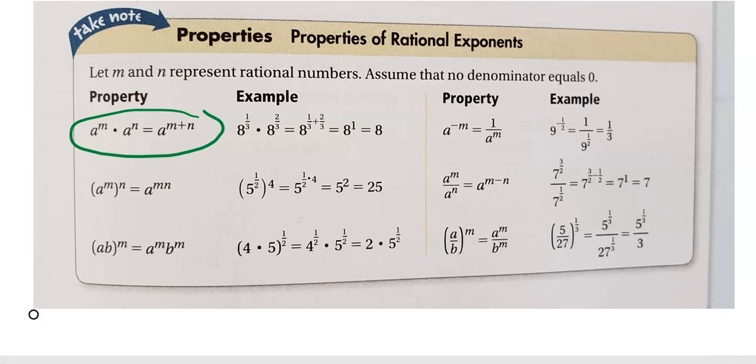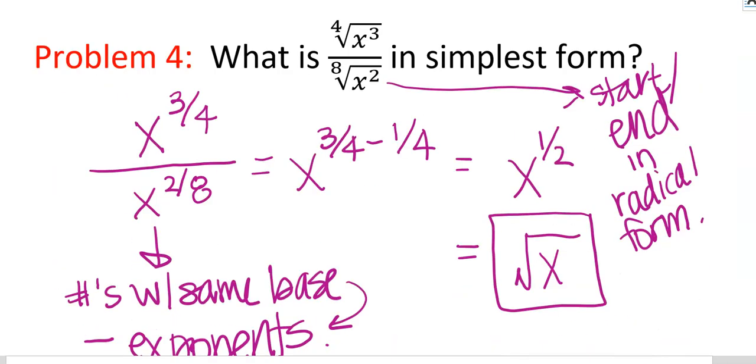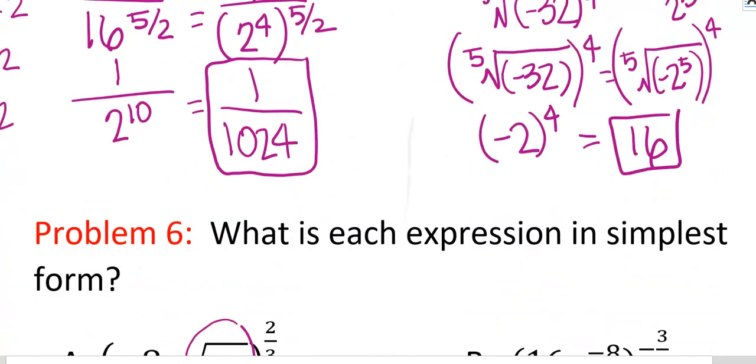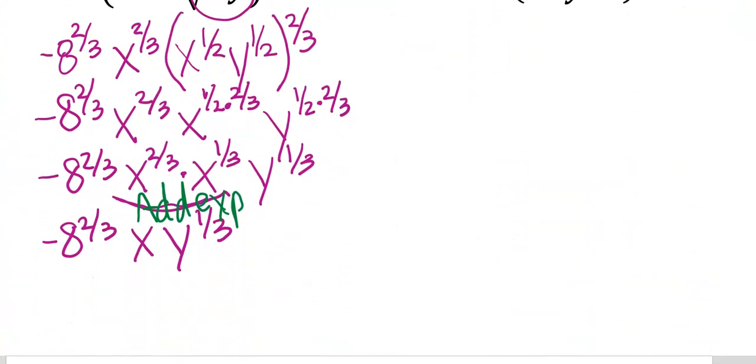So you're looking to compare those base numbers. If those are the same, you add the exponents. That's kind of where that's coming from. Okay, so here we have the x's that are the same, right? Since the bases are the same, you add the exponents. So I did 2/3 plus 1/3. I'm going to go like this.